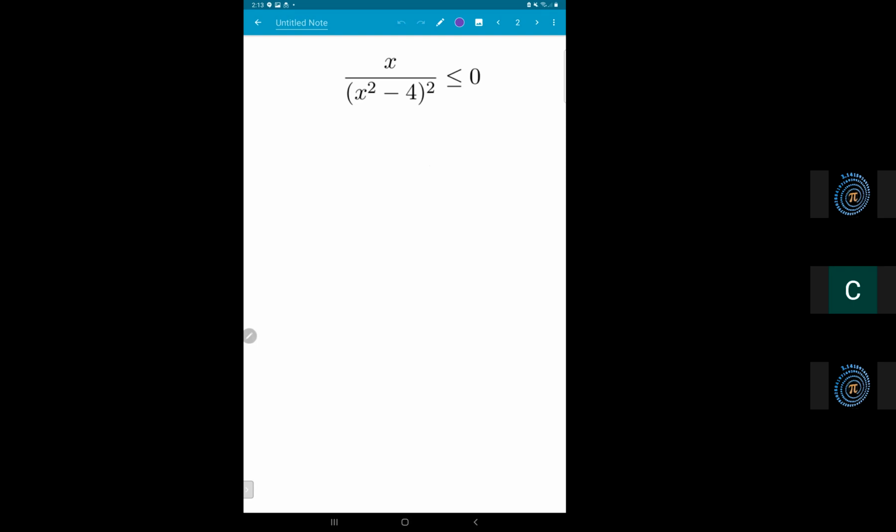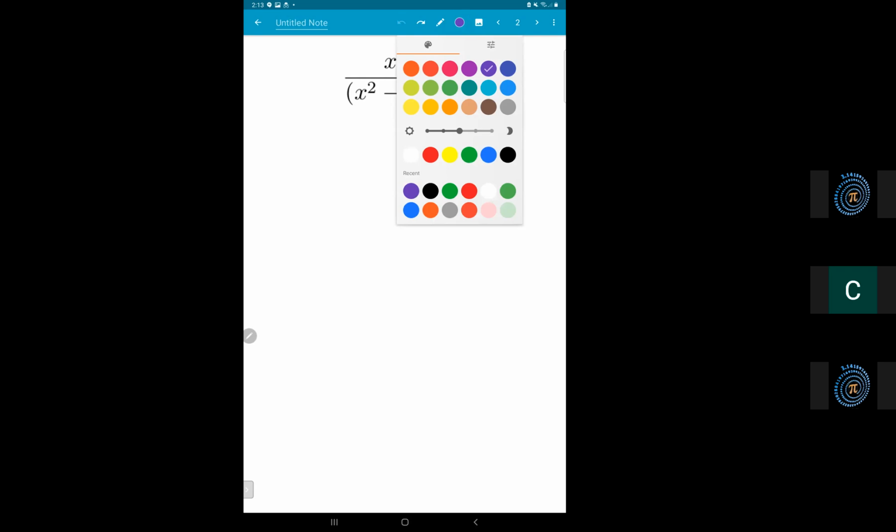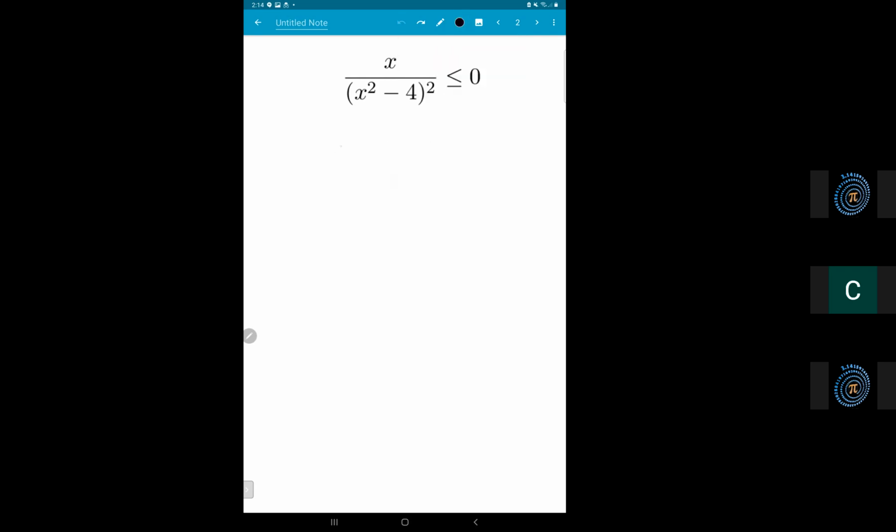It's already, in fact, almost in factored form, except that the denominator has to be thoroughly factored out. So we do that first before we construct the sign chart. The numerator has no problem, so only the denominator needs to be factored out.